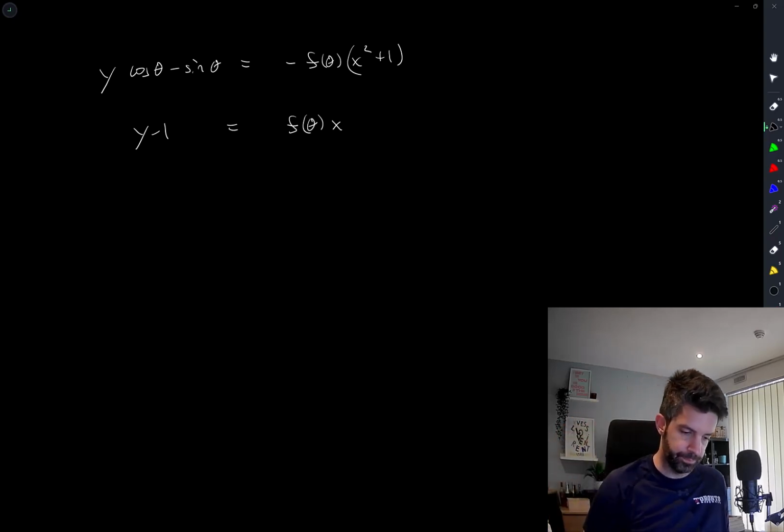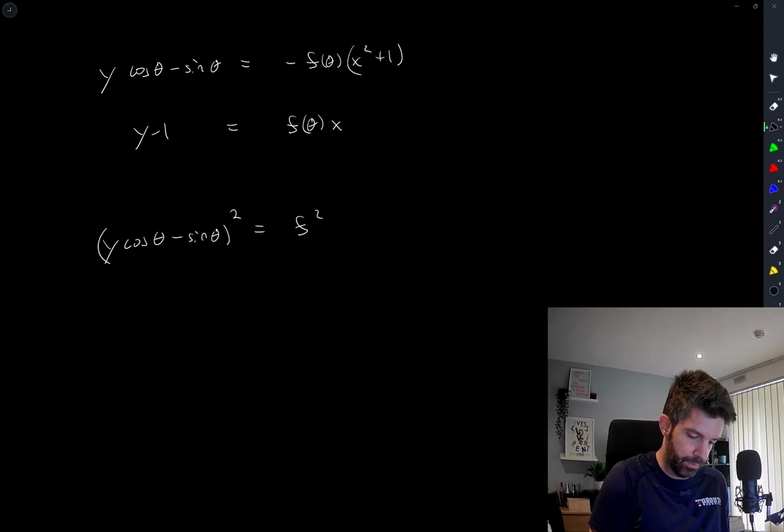So y cosine theta minus sine theta squared is equal to f squared theta times x squared plus 1 squared, and y minus 1 squared is equal to f squared theta times x squared.